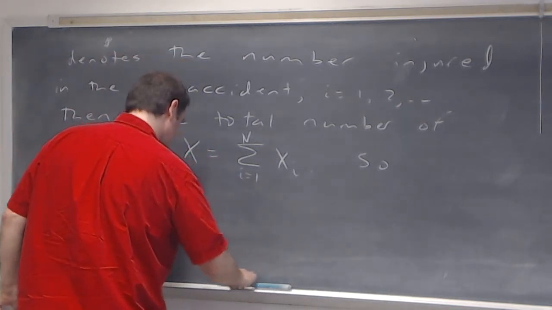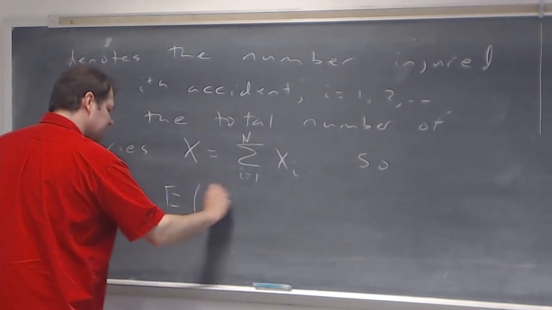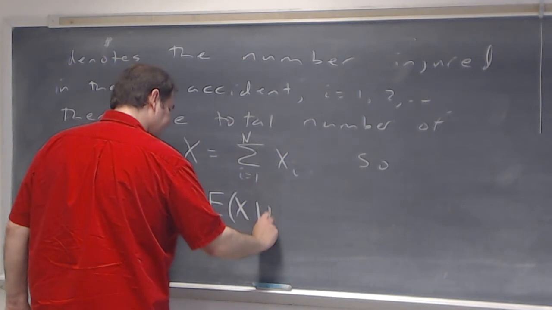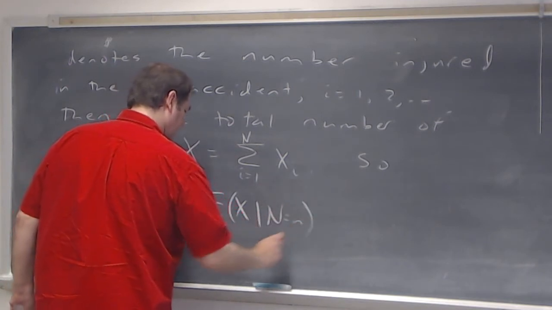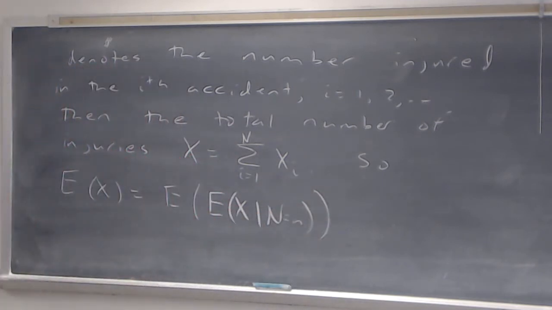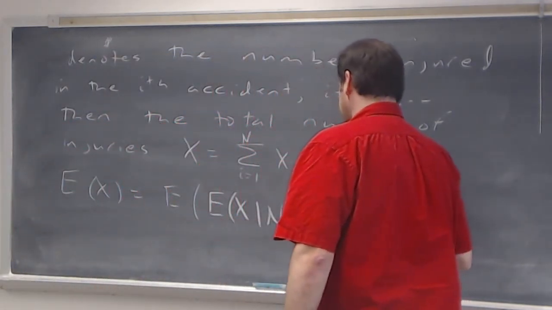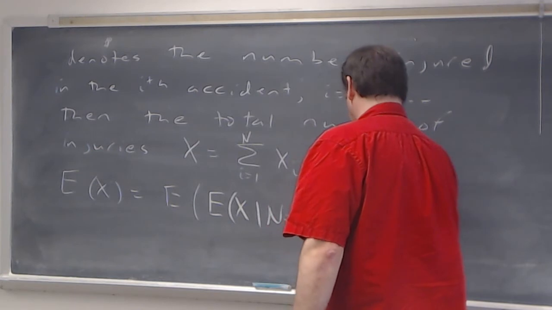This is really the expected value of X given N equal to little n. And this is what we're trying to find. Now, we know what X is, it's the sum. So let's look at this conditional expectation, and then we'll take the expected value there.